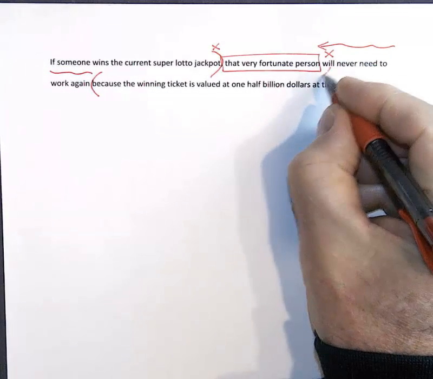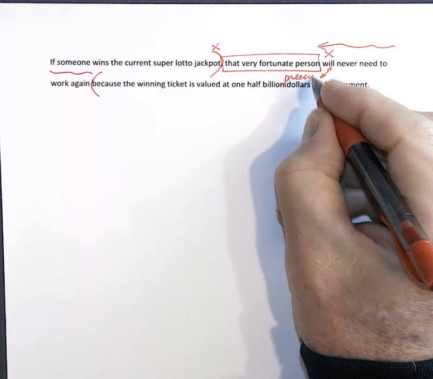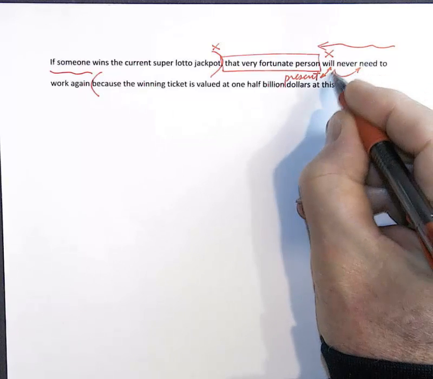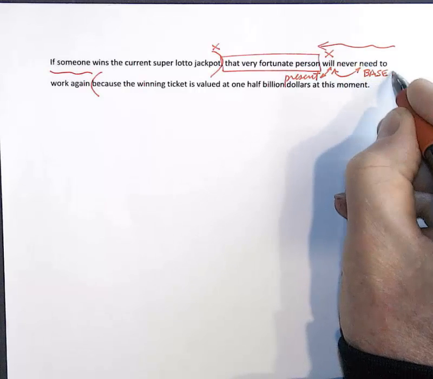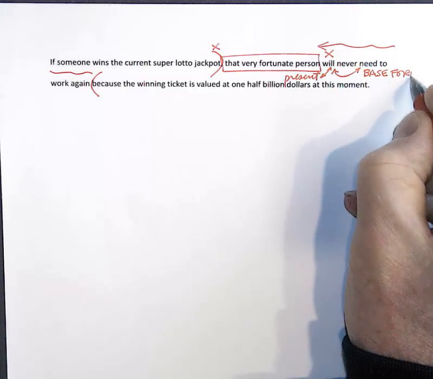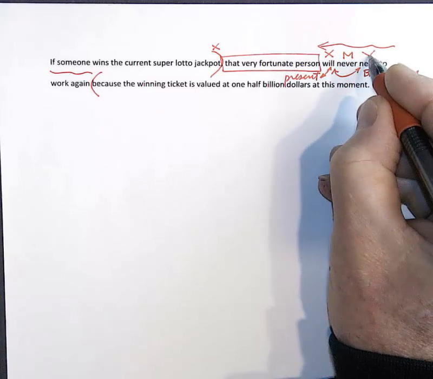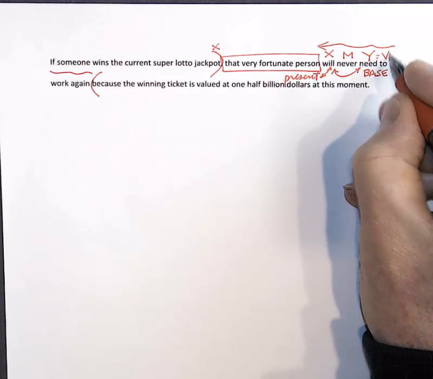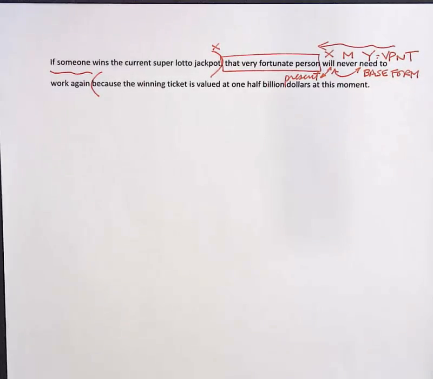Will ties with the present. Will ties with need, base form. Never is in the end place, and need to work again is Y. That's a verb phrase, no time. Let's rewrite our verb phrase.